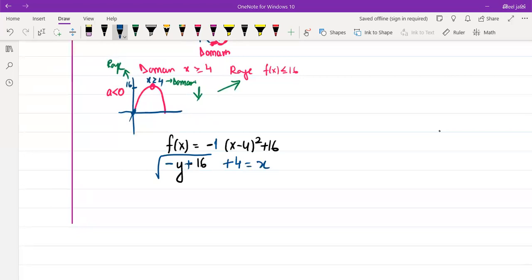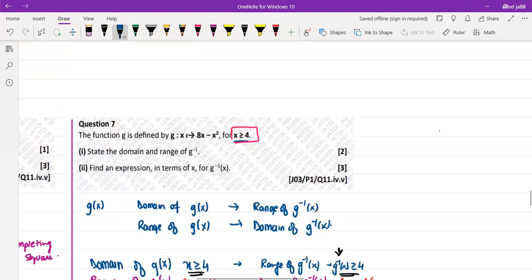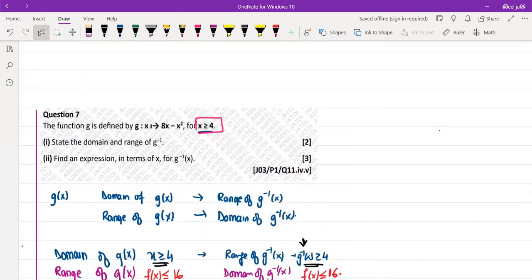So we have g inverse of x equals plus or minus the square root of 16 minus x, plus 4. So this becomes your expression, but one thing is missing, the plus sign or minus sign, because we need to give either plus or minus. If you note, my general form is x greater than or equal to 4.